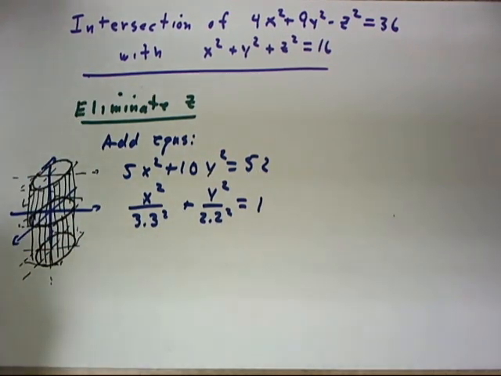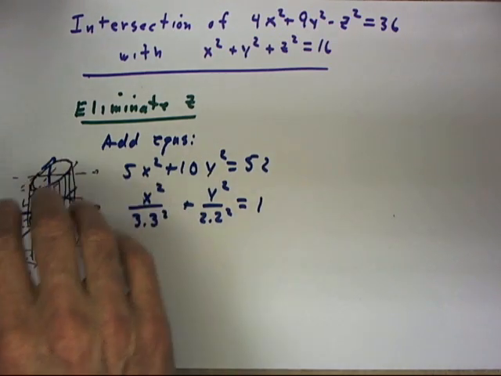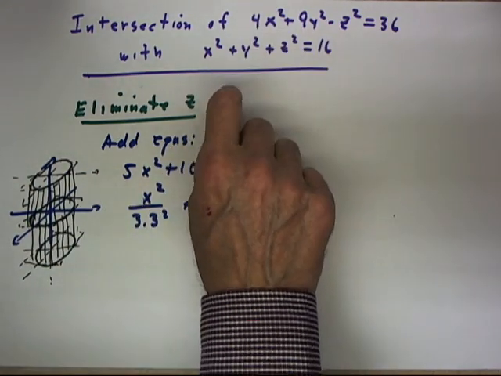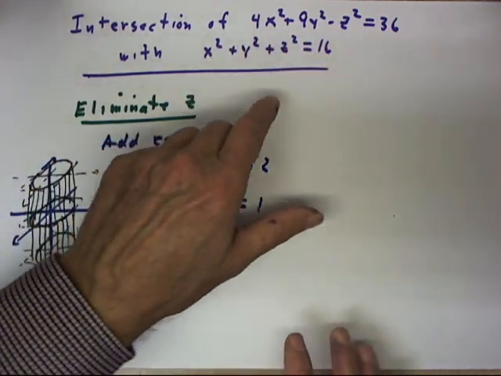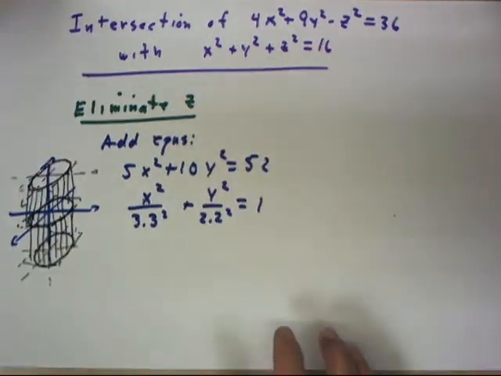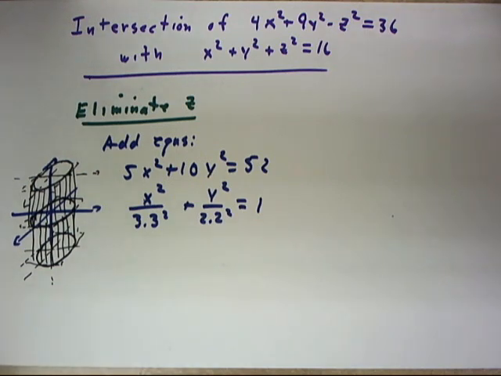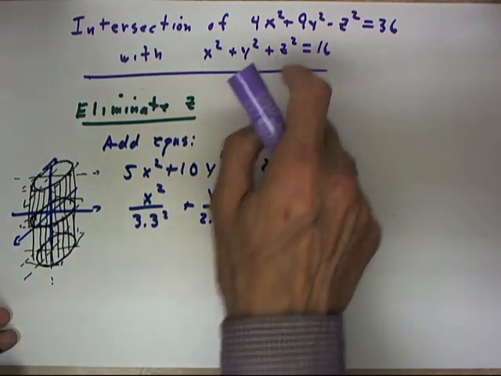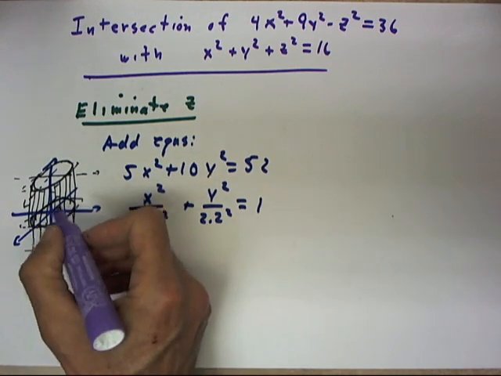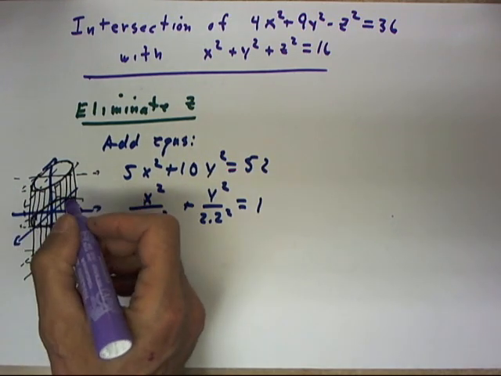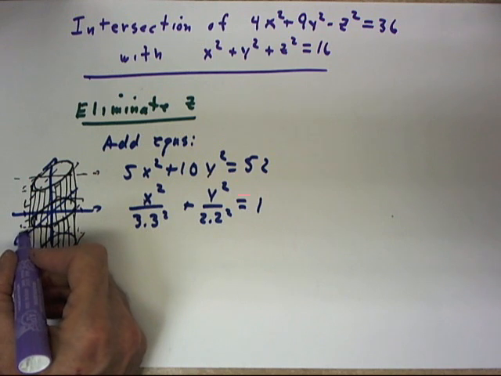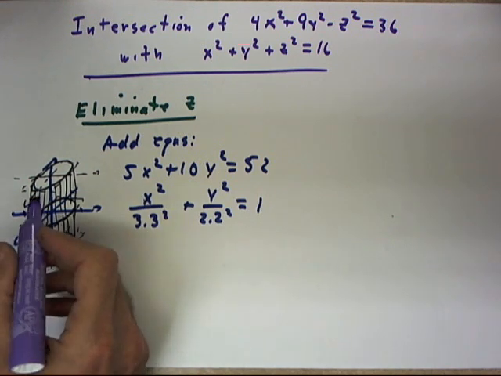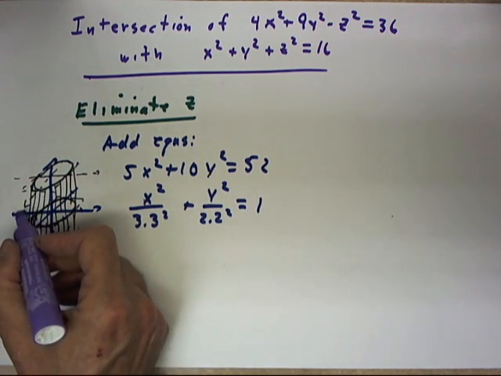Now, I'm not going to attempt to superimpose the graph of our quadric surface, but maybe we can just about superimpose the quadric surface for the sphere. The sphere is going to have radius 4, meaning that it is going to lie somewhere a little bit outside of this ellipse, at least down here in the XY plane.